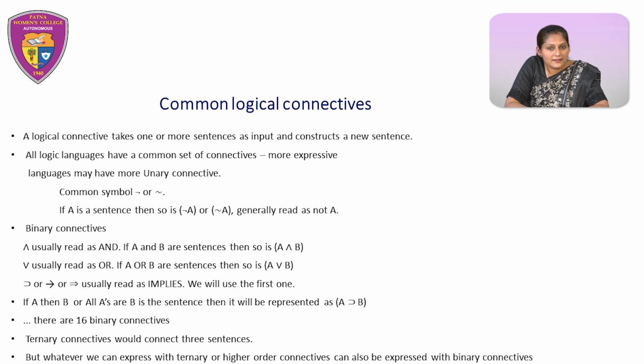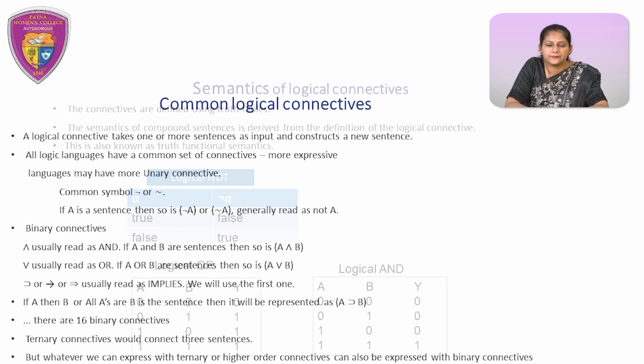Third, implies, which is denoted by ⊃. If A then B, we can call it as if A then B, or all A's are B. There are 16 binary connectives. Ternary connectives take three sentences as input, but generally ternary or higher order connectives are not required. They are efficiently expressed as a combination of unary or binary connectives.